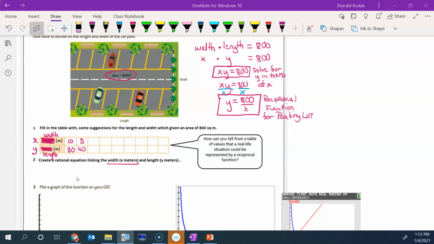Give me some pairs that'll make 800. 4 and 200, yeah. 40 and 20, yeah.